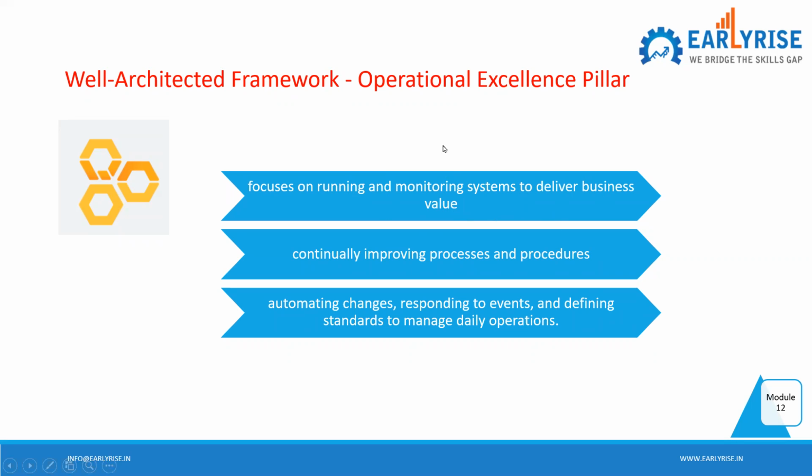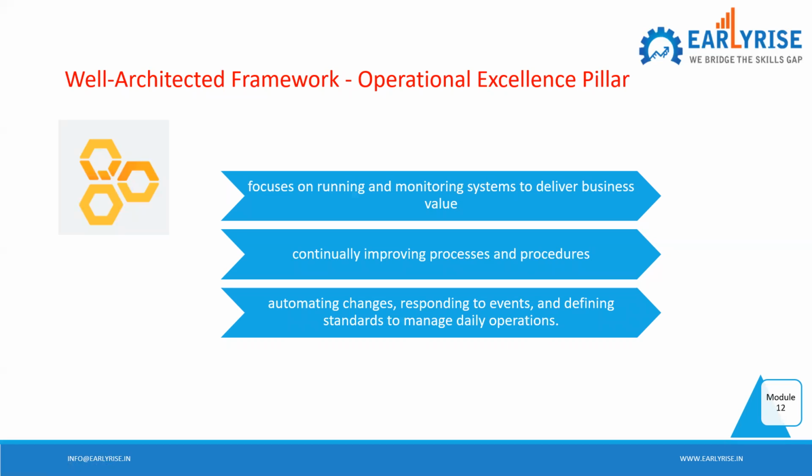So the main thing in this pillar is running and monitoring systems to deliver results, and continually improving processes and procedures. Whatever processes and procedures we follow in our daily business operations, we try to improve, then look at whether it has improved or not, and then try to improve again. It's not a one-time thing.